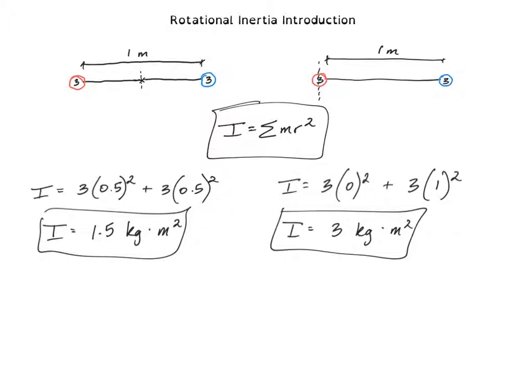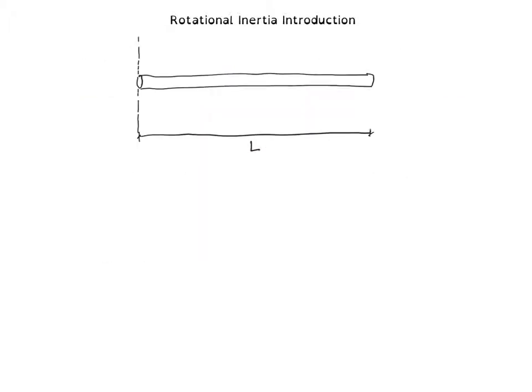Remember, the whole key with rotational inertia is how that mass is distributed relative to some axis of rotation. So, two quick, easy examples using our basic definition for rotational inertia. On the next slide, we're going to ramp up the intensity a little bit and start using some calculus to find equations for various objects.